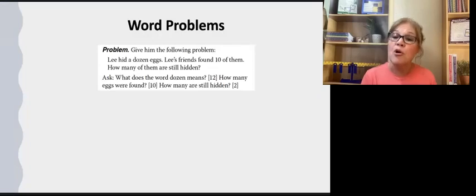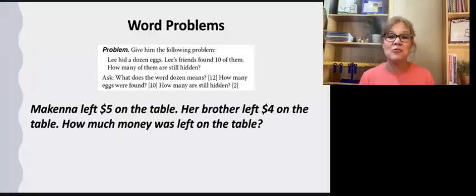Now, many math programs have kids looking for keywords, and you may be very tempted to just teach keywords. But the reality is, in real life, keywords can be misleading or even non-existent. For example, here is a word problem. McKenna left $5 on a table. Her brother left $4 on the table.